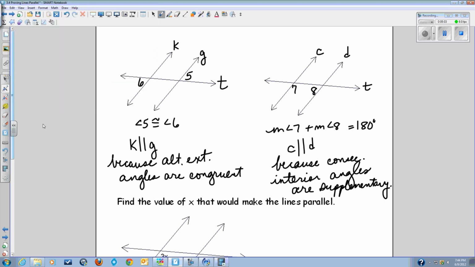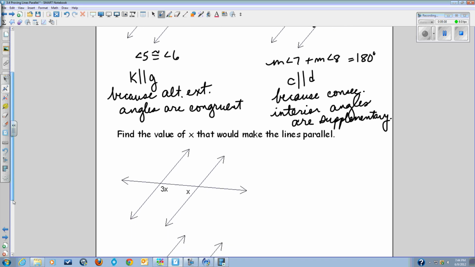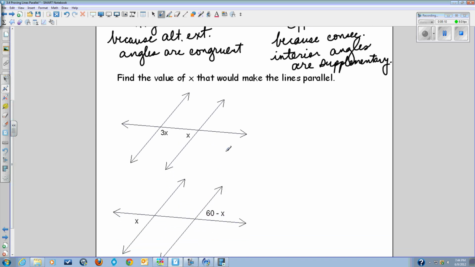Now, let's take a look at this next bit of information here. It says find the value of x that would make these lines parallel. Well, these are consecutive interior angles, and we know consecutive interior angles must be supplementary for lines to be parallel. So that would mean 3x and x must be supplementary.